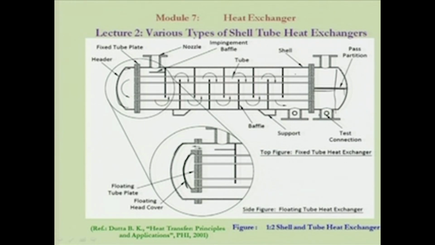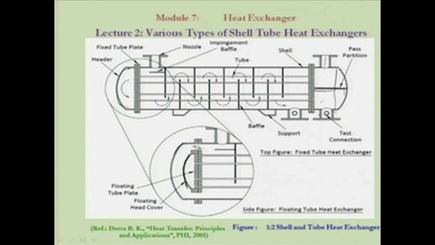When we have this kind of plate, the tube side fluid enters like this, goes through these tubes, then comes back and goes through these tubes again. So, because of this single partition, a fluid element can be in the heat exchanger twice.